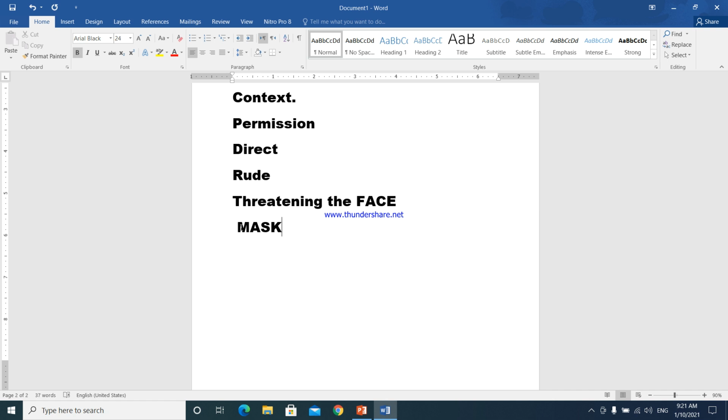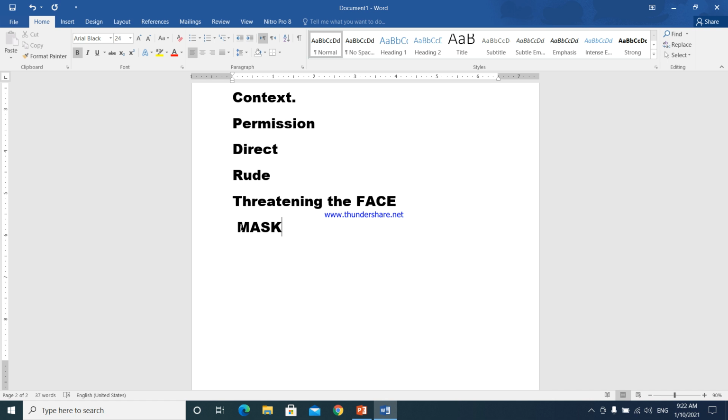Face is an important cultural concept in social life. It is the social standing of a person that refers to the identity or image each person wants to claim in interaction. And face work includes the set of actions that are taken by persons to maintain face.